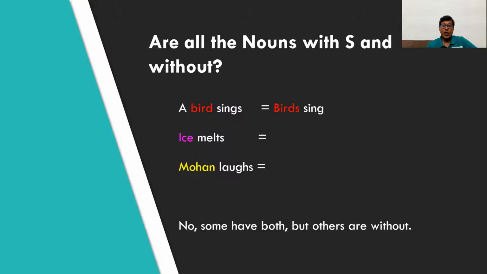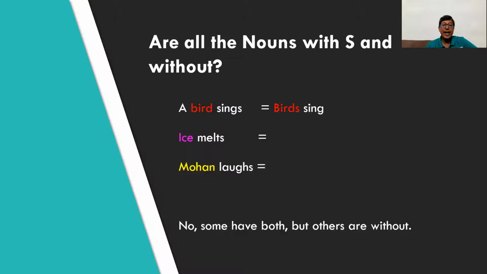But are all the nouns with S and without? Let's have a look. Again, we'll try to change these sentences into plural. The first one is, a bird sings. And when we change it into plural, it becomes birds sing.